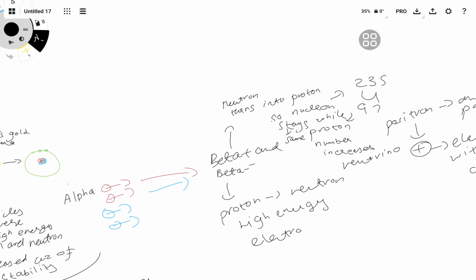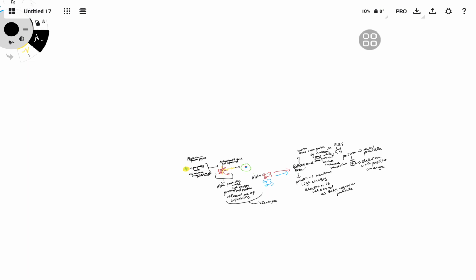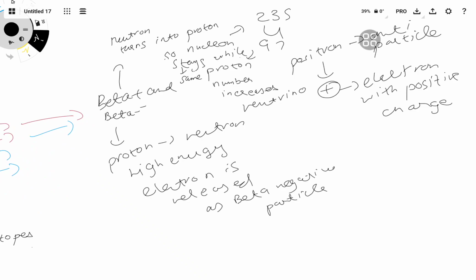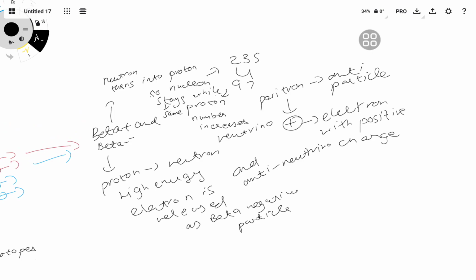An antineutrino is also released. We can differentiate beta positive by the release of a positron, which is an antiparticle, an electron with opposite charge, whereas beta negative releases a normal electron with high velocity, along with an antineutrino.